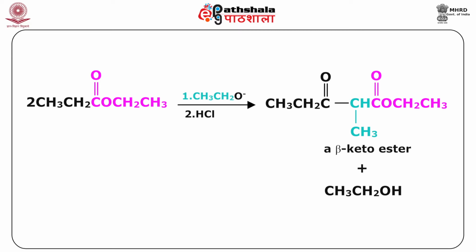And here you can also see another example of the Claisen condensation, where you have ethyl propanoate, but notice that this time, to carry out the Claisen condensation, the base used is ethoxide ion, because it is the same as the ethanol part of the ester, that is OCH2CH3, and later on after acidification you get this particular beta keto ester.